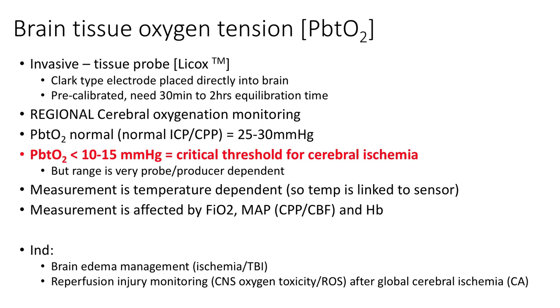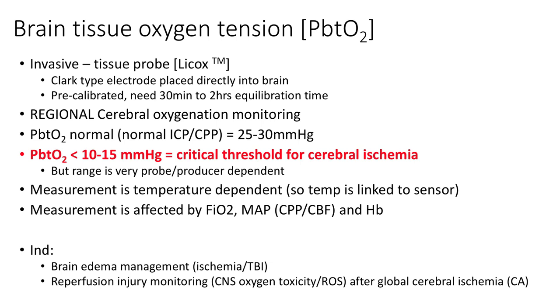Most studies recommend to place the Licox probe in the penumbra, and then by optimizing your oxygenation level, your perfusion, and your hemoglobin, these brain regions improve and are less ischemic, so therefore will come out of it. The measurement is very temperature dependent, so most of the time the sensor is linked to a temperature probe and then compensates those measurements based on core body temperature.